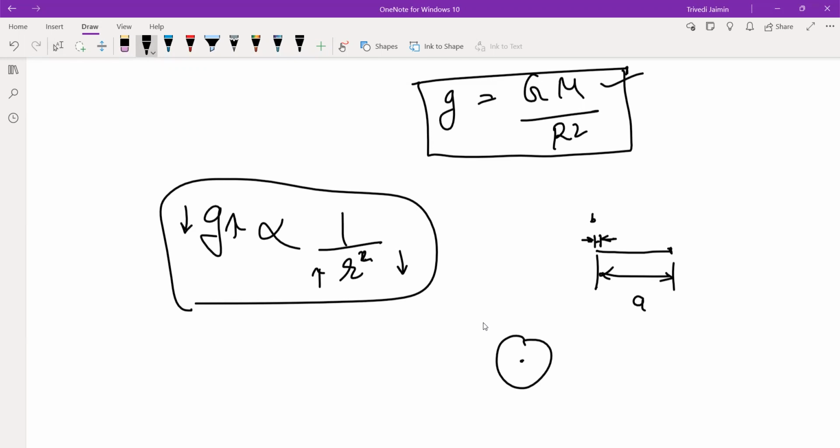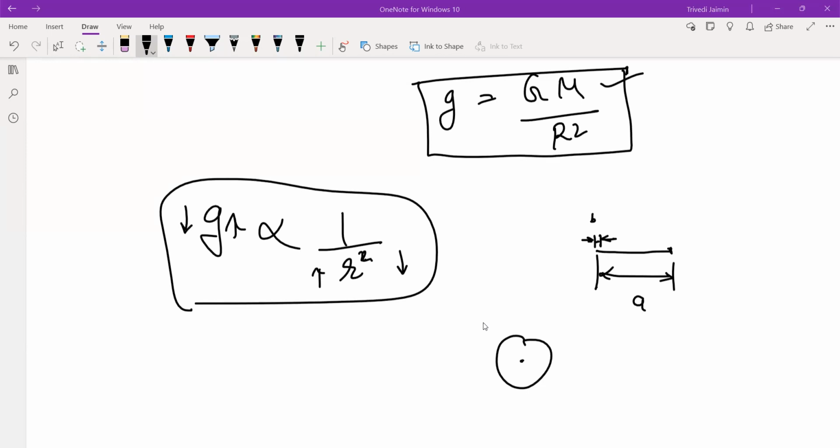Sir, doesn't that mean there's no gravity? Exactly. But logically it is there, right? So we conclude that g depends on the radius as well as the mass of the Earth. But the mass of the Earth is constant, so it mostly depends on the distance from the center, how far the object is from the center.